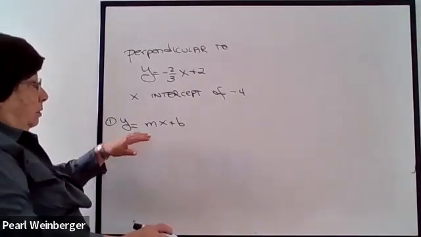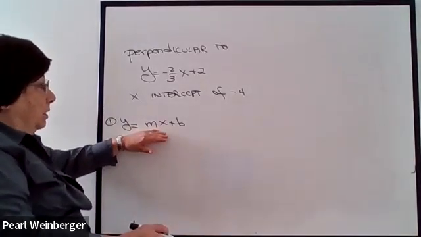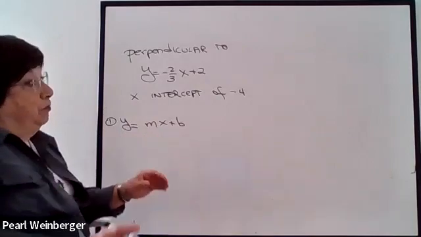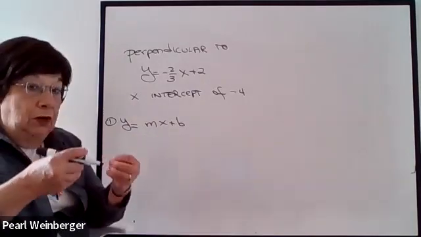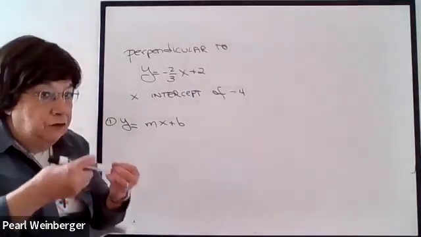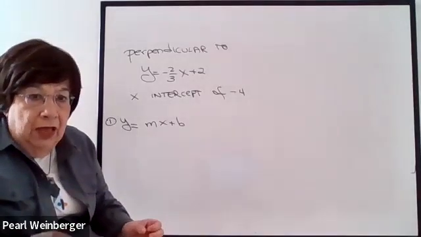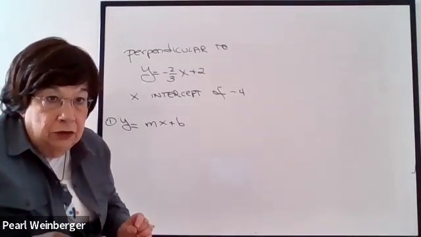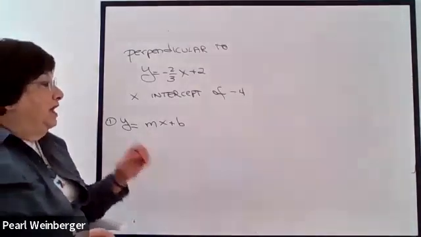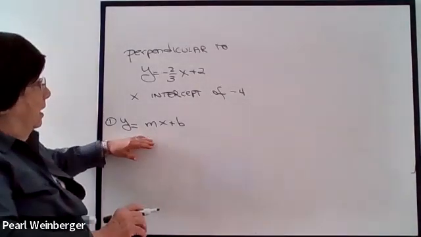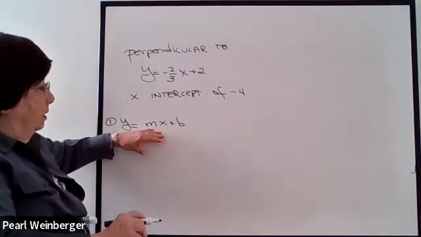Now, let's deal with the slope first. Remember, I told you, when you want to write the equation of a line, the first focus you have to have is on the slope. What is the slope of the line that I'm going to be writing the equation of?